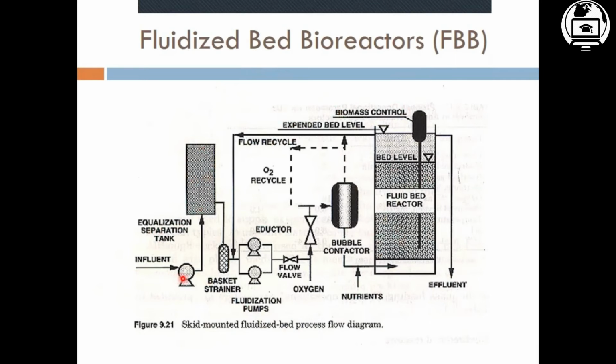Here you can see there's an influent and equalization separation tank. These bioreactors are mostly used in wastewater treatment. So you are going to have your immobilized cells here, and you move your wastewater influent through this pump.